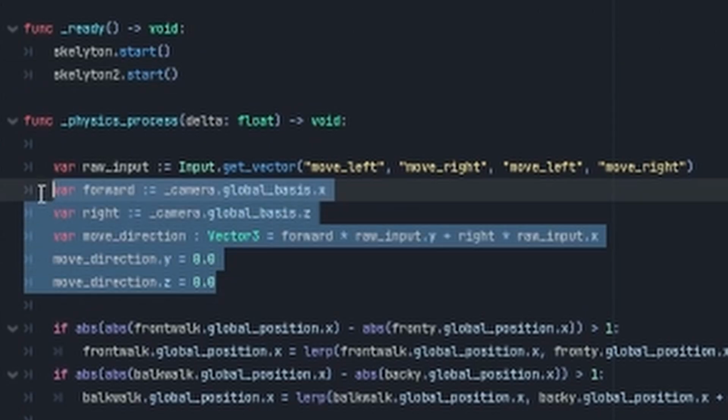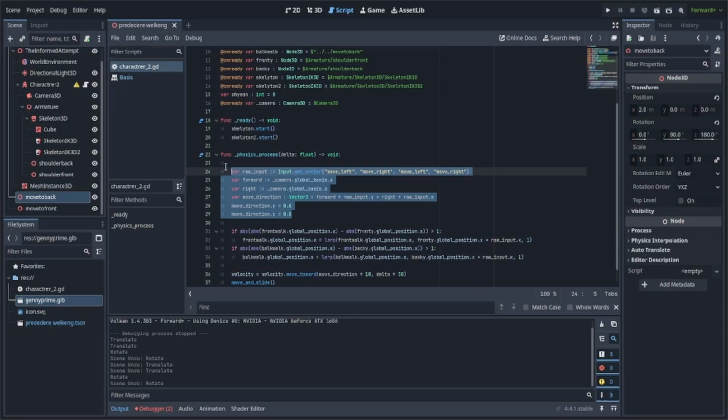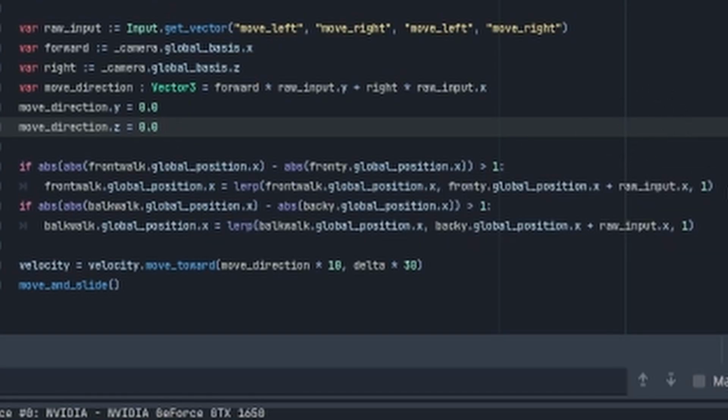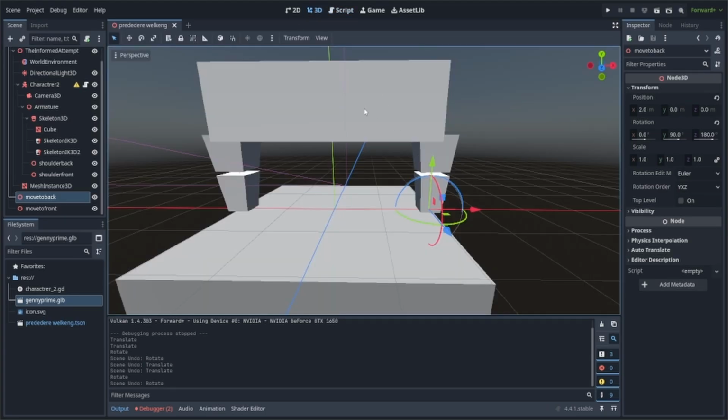I have a basic movement system that I still stole from the original tutorial from the first video, because I tried to make it on my own and it was so weird. Either way, this is the most important thing when it comes to the animation. The shoulder moves with the character.